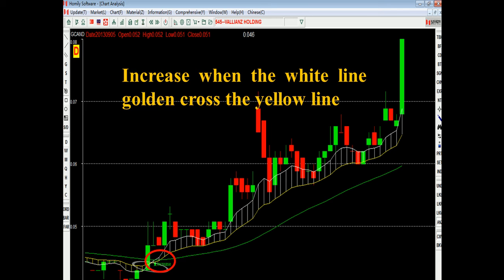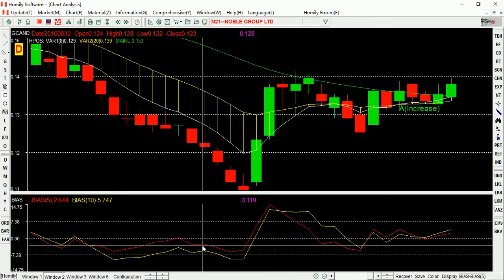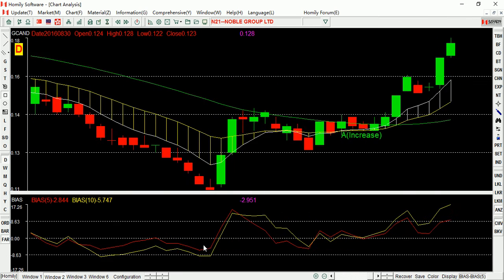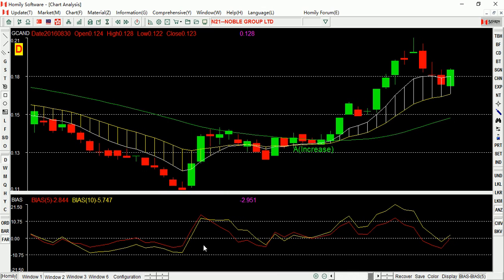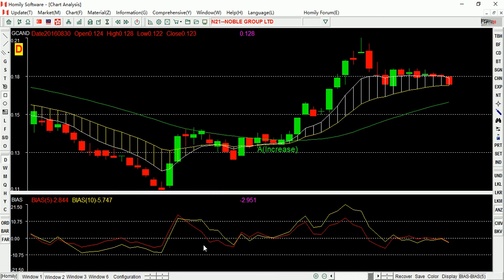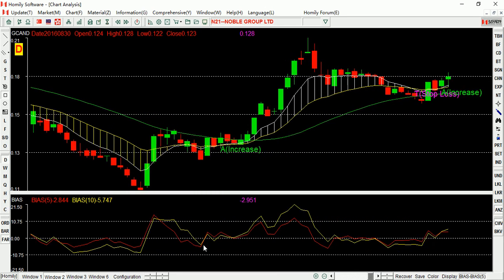Here, green turns to white, golden crosses the yellow line, then the increasing signal appears. This is the second buy point. What does that mean? You can add some position, right? Okay, then you wait and see.